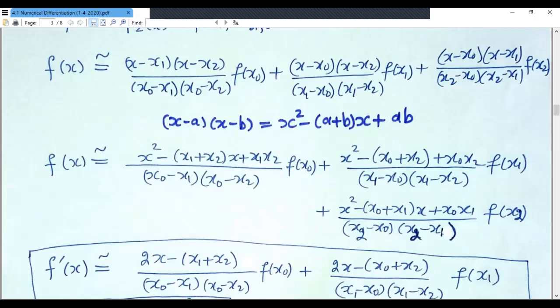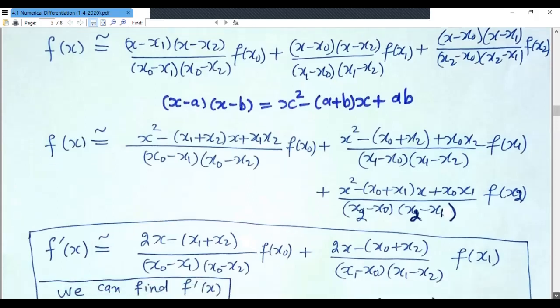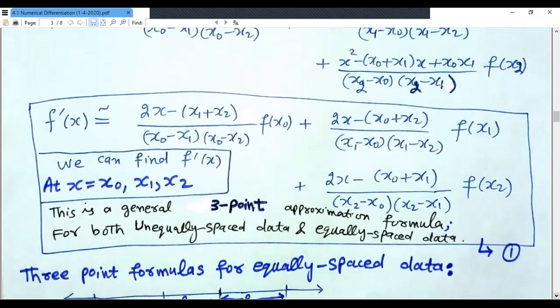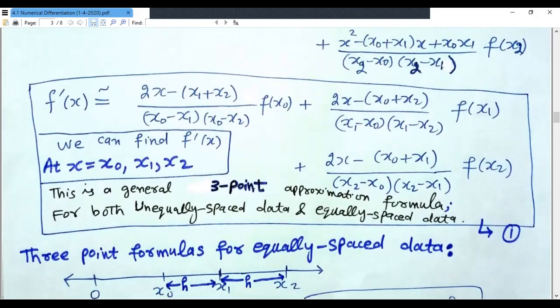Now it is easy to differentiate because the derivative of x square will be 2x, and the derivative of minus a plus b into x is minus a plus b. The derivative of ab is of course 0. So by doing this, we have a general 3-point approximation formula where we can use x is equal to x naught, x is equal to x1, or x is equal to x2.